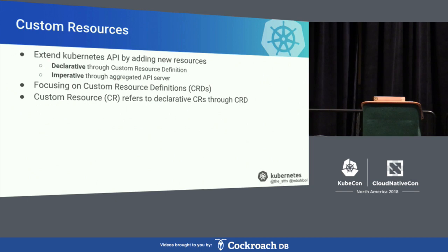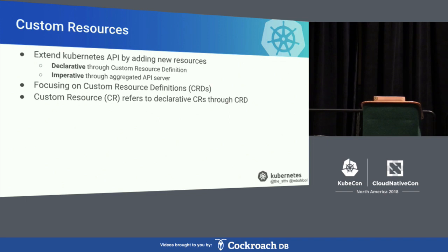So first, let's set some terms here. We're talking about custom resources. There are two ways in Kubernetes to define custom resources. One is through custom resource definitions that probably most of you heard, but the other one is aggregated API server, and yes, our documentation called those resources custom resources too.